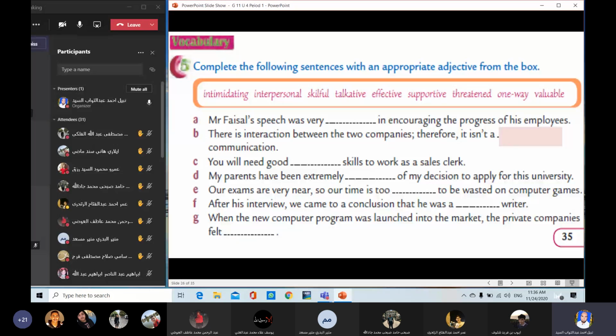Skillful, clever, talkative, someone who talks a lot or too much. Effective, supportive, threatened, one-way, valuable. All these adjectives, you can use them to complete the following sentences. I'll give you 2 minutes to read the sentences and complete them with words from the books.